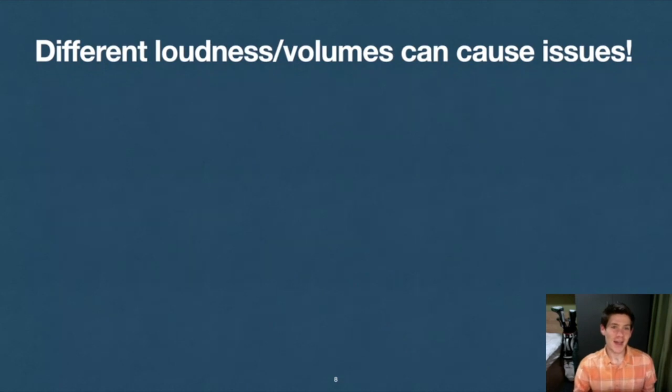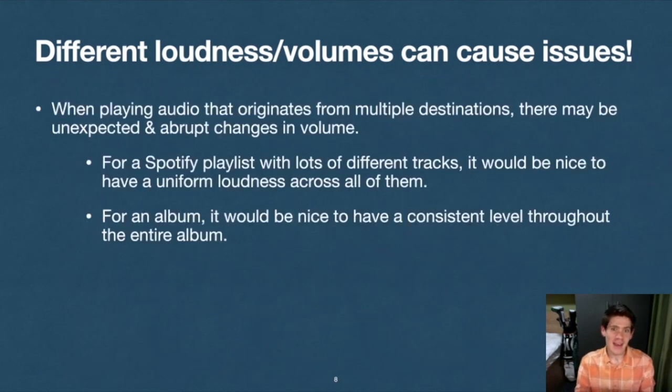So as we saw in Logic there, songs can have very different volumes. This can cause issues. So one of the most obvious problems is that if we were to play these songs in a playlist, for example on Spotify, there would be such big differences in volume that it would be jarring and actually quite annoying.